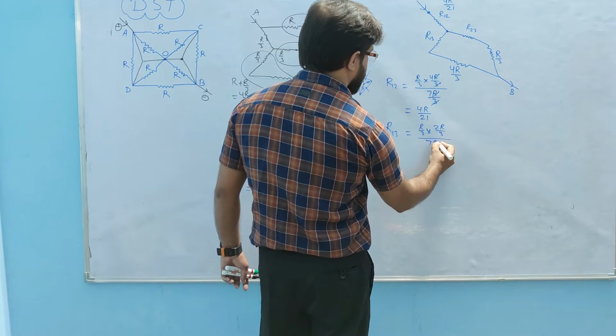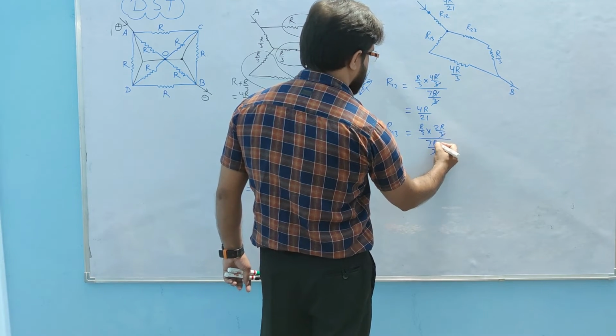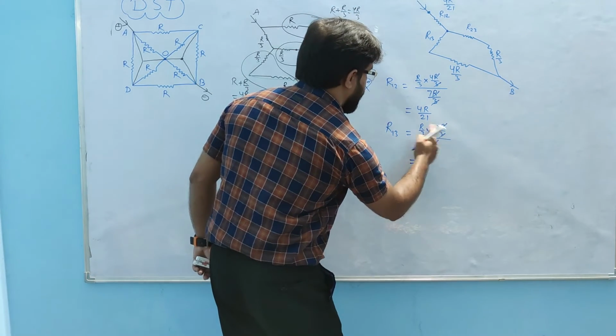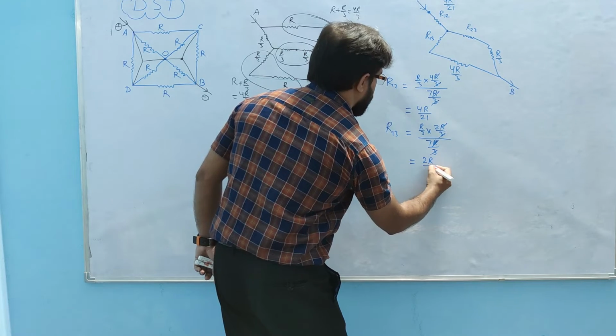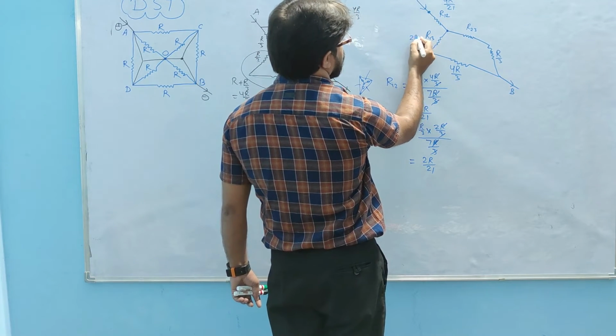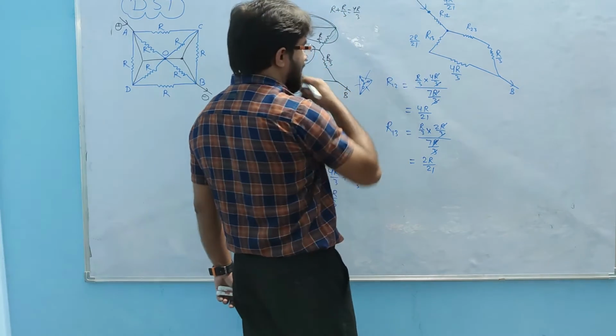Denominator will remain the same, 7R by 3, 3 gets cancelled, R gets cancelled, so this would be 2R by 21. R13 value is 2R by 21.